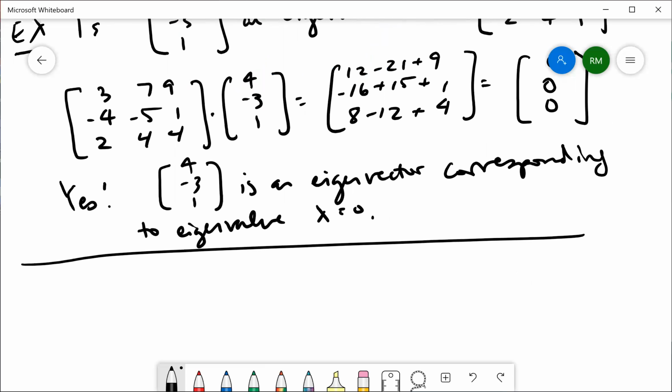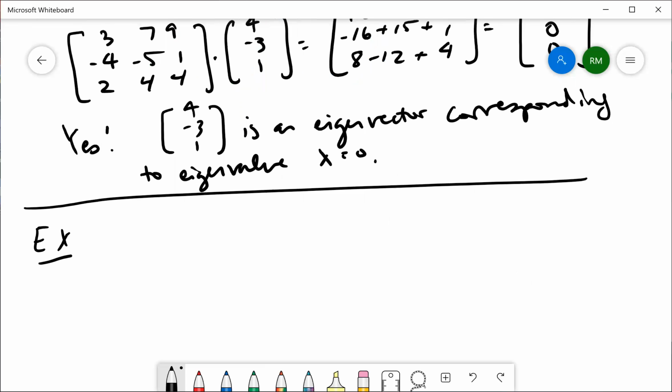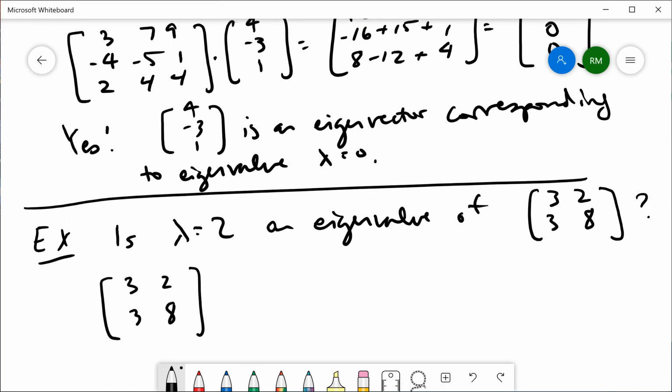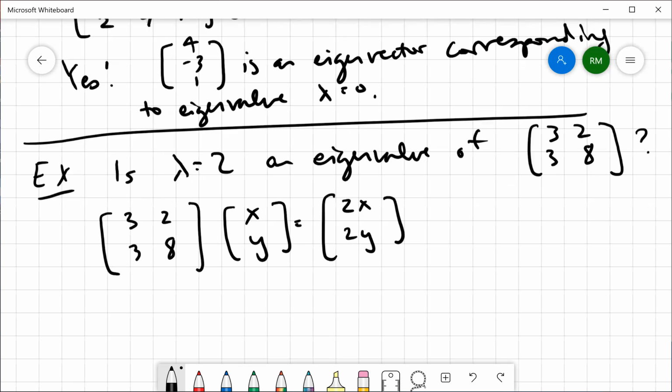All right, so let's flip the question around and let's ask the following. Is 2 an eigenvalue of this matrix? Well, let's assume so and then work from there. So can we find a vector where I multiply it by this matrix and I get 2 times that vector?